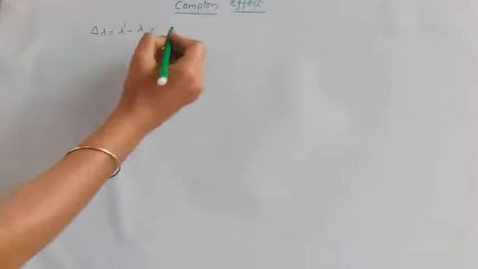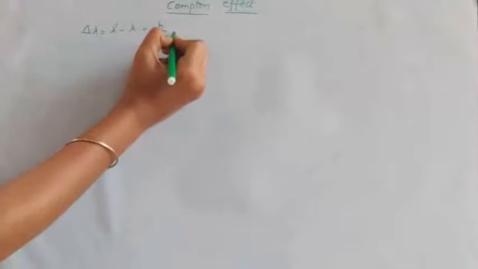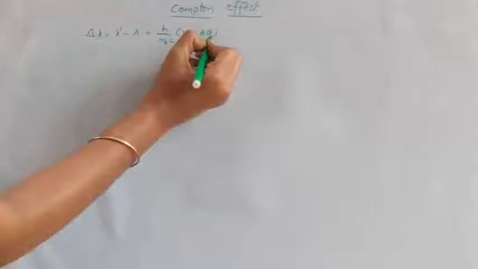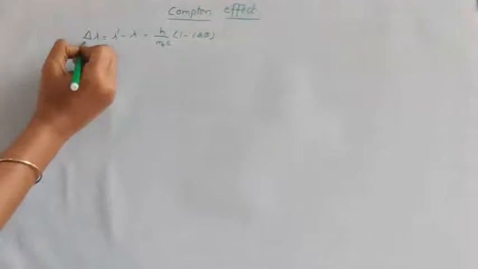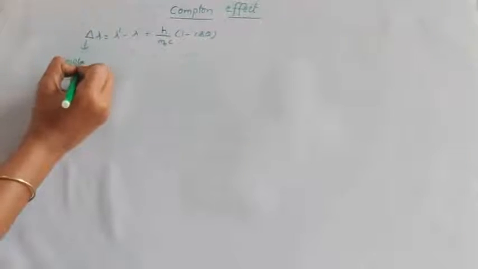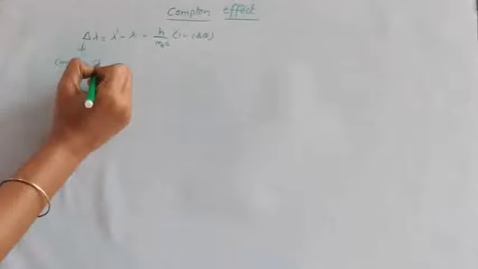This can also be equal to h by m e c into 1 minus cos theta. So here delta lambda is nothing but the Compton shift or change in wavelength, which is given by lambda dash minus lambda.